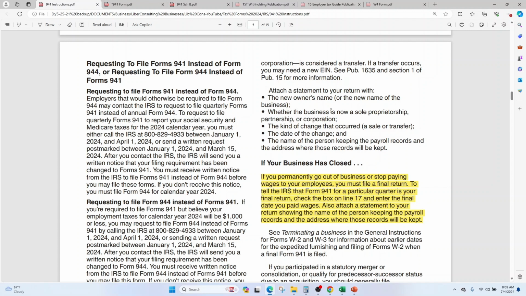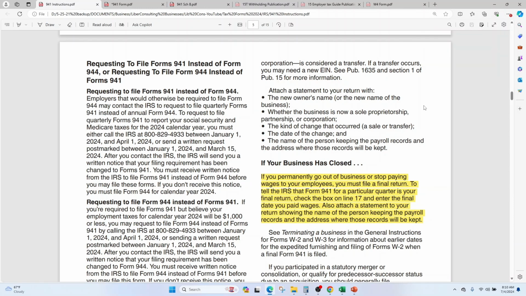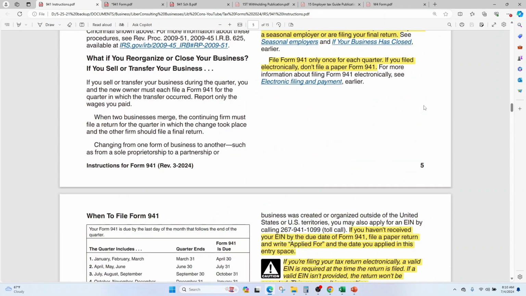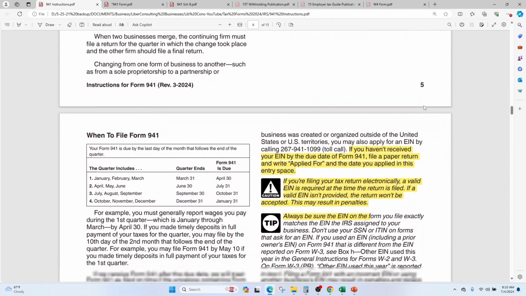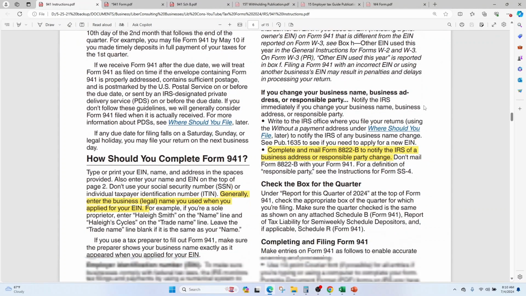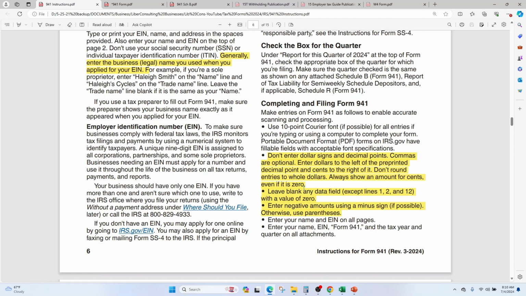And just make sure that those attachments, let me see where I found that information. Those attachments, you will make sure you put your business name, your EIN, Form 941, the year you are filing for, and the quarter you are filing for.